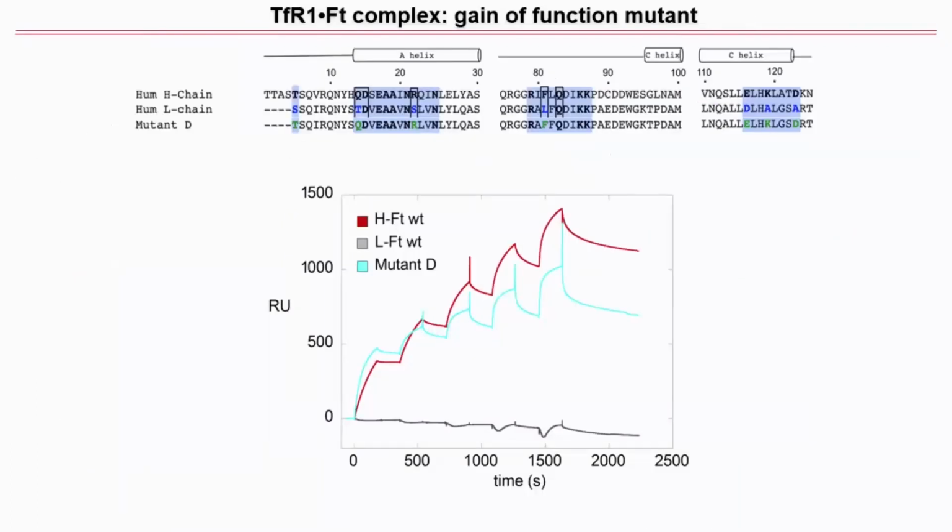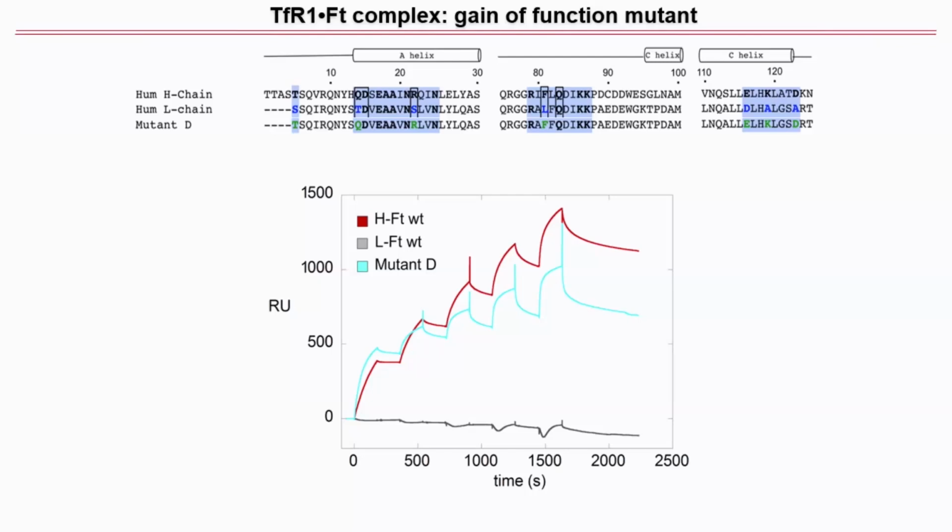Of course, the referee wasn't convinced, and so he asked also to carry out a gain-of-function mutant, which actually is much more convincing. And so we took the light chain of ferritin, where binding doesn't occur, and we introduced the mutations at the positions that we believe are relevant, this threonine, this glutamine, this arginine, and phenylalanine, because the glutamine is already there.